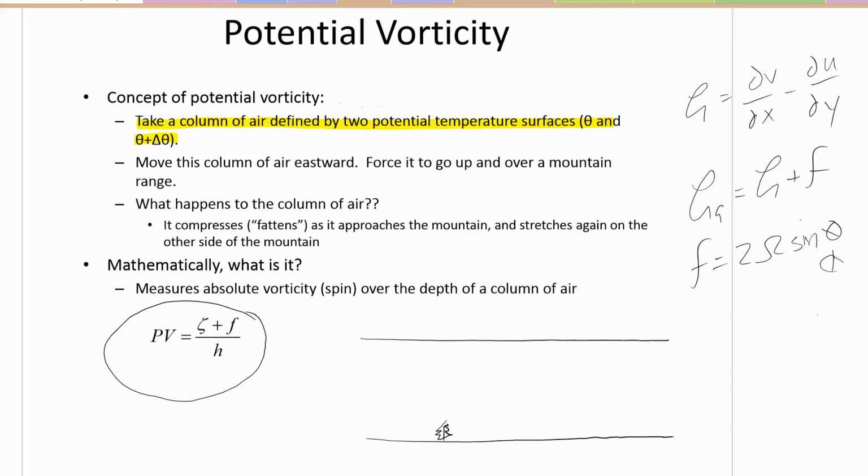Now it's defined in the concept up there in terms of theta, but recall that theta is potential temperature, and it's just simply you take a parcel and bring it down dry adiabatically to 1,000 millibars. At the surface we can assume we're about 1,000 millibars, so here's your theta, and here's your theta plus del theta. So some different value of theta.